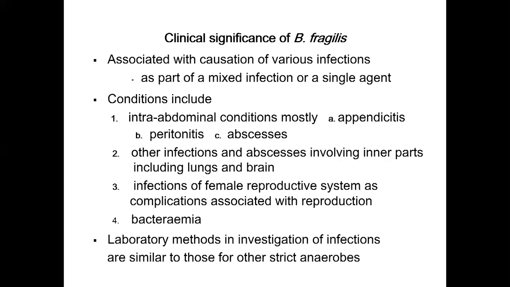So some of the clinical implications of Bacteroides fragilis: it has been associated with various infections as part of a mixed infection or as a single causative agent. It has been detected in specimens taken from intra-abdominal conditions like appendicitis, peritonitis, and abscesses, and others. It has also been detected in specimens from other infections and abscesses involving inner parts, including organs like the lungs and the brain.